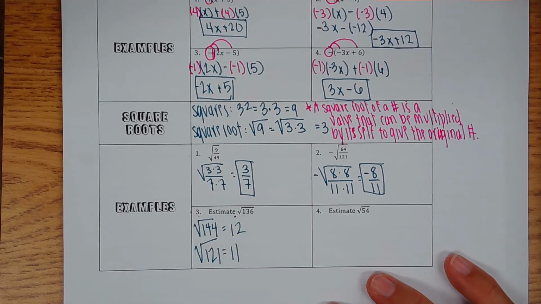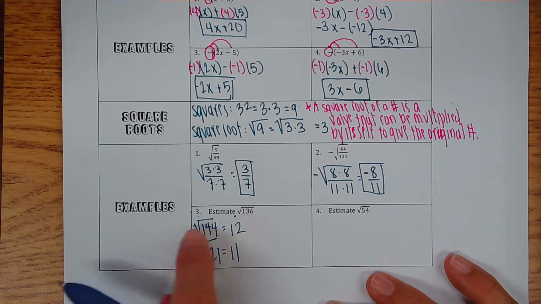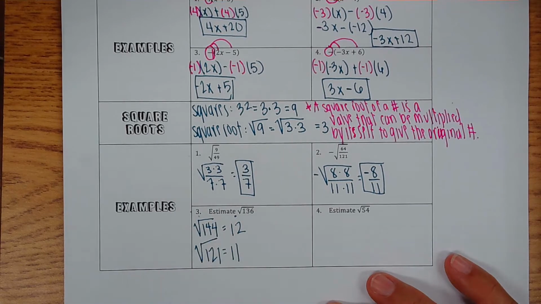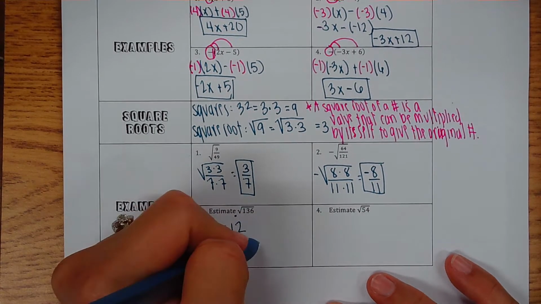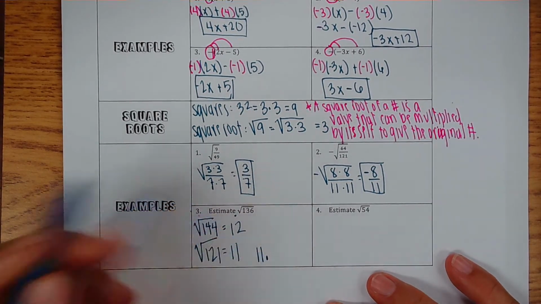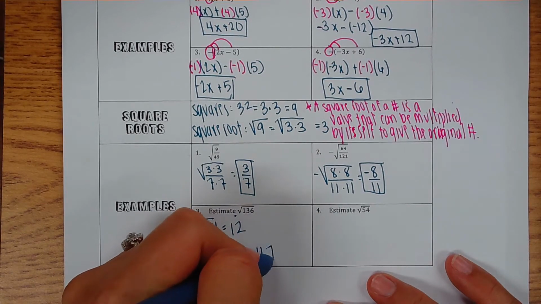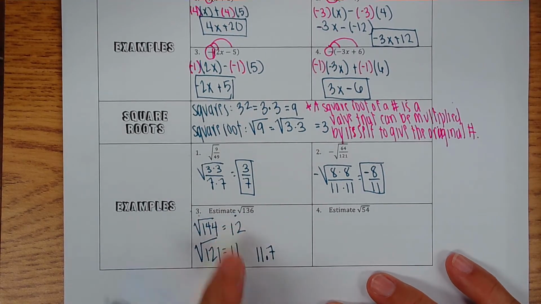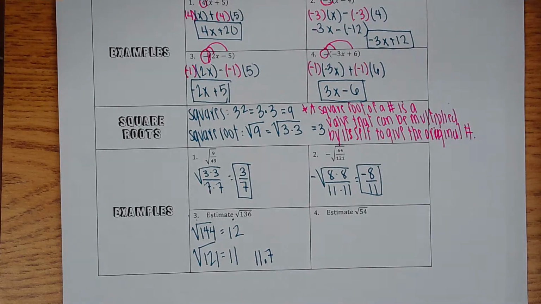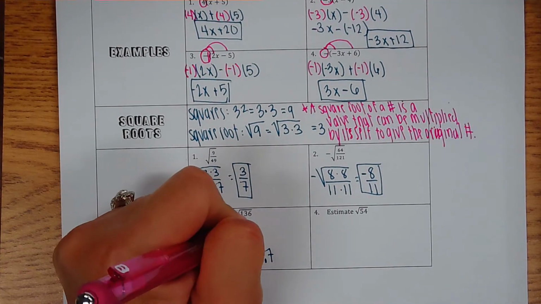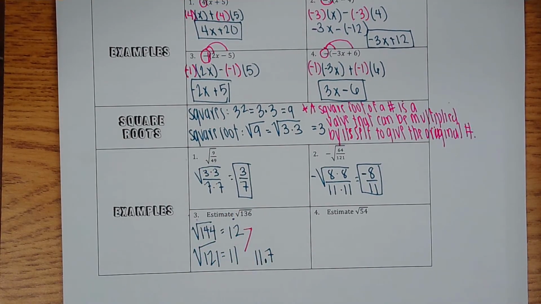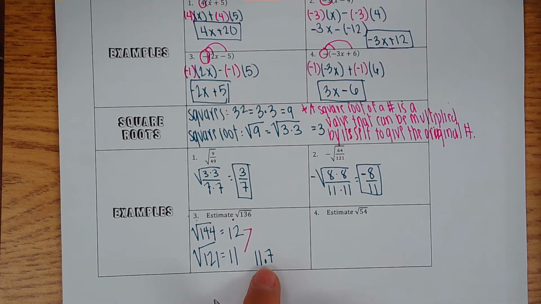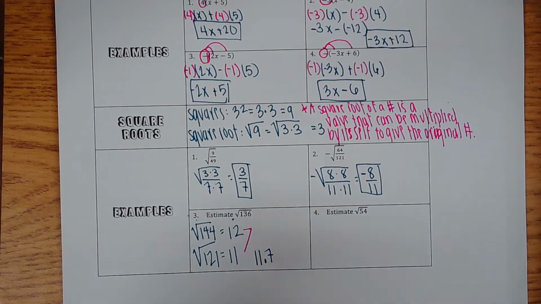So the square root of 136 has to be in between there, right? But 136 is closer to 144, so we're going to make it a little bit bigger. We're going to say that it would be like 11.7. That's a little closer to 12 than it is 11, right? So what I did was it's between 11 and 12, but closer to 12. So we went closer to 12 with 11.7.